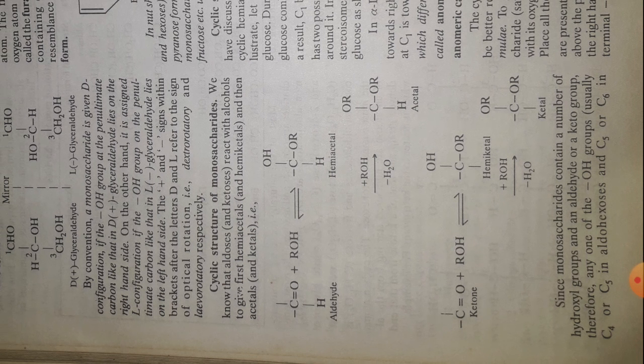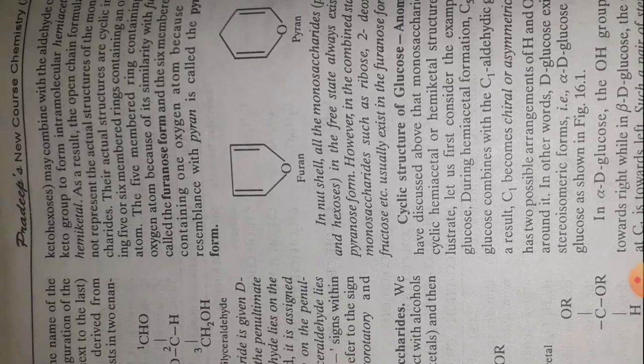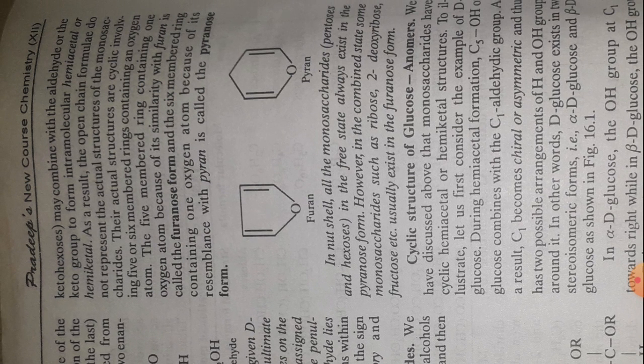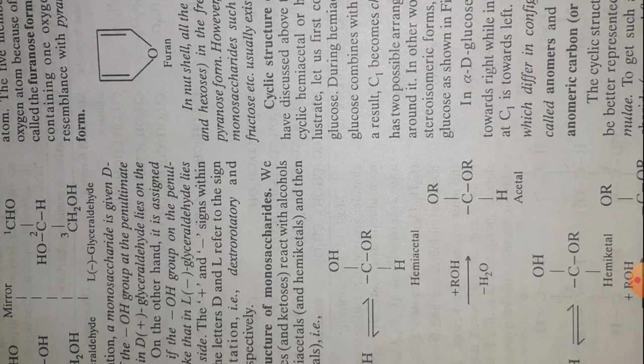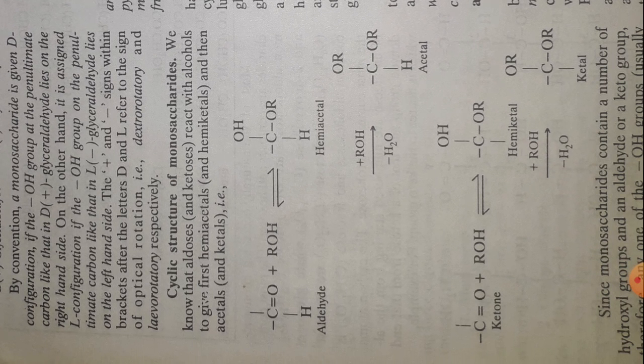Okay, so since monosaccharides contain a number of hydroxy groups and an aldehyde or keto group, therefore now both what we have discussed, a simple aldehyde and alcohol, whenever we try to react, they give hemiacetal and acetal. The reaction is given over here. Look at the general reaction.